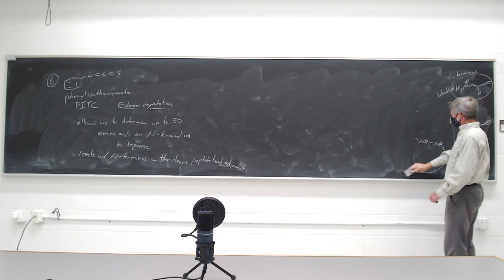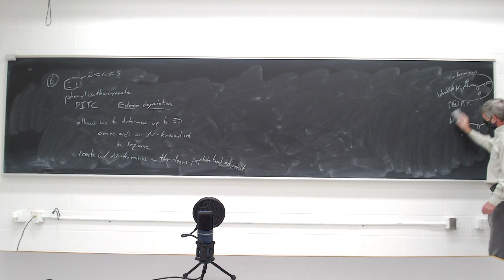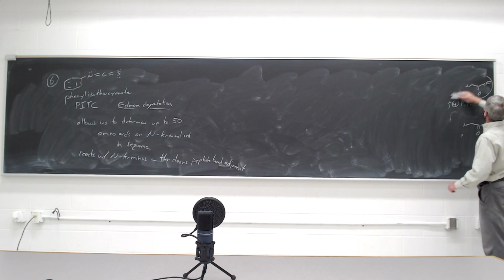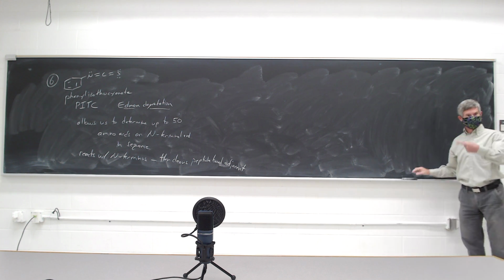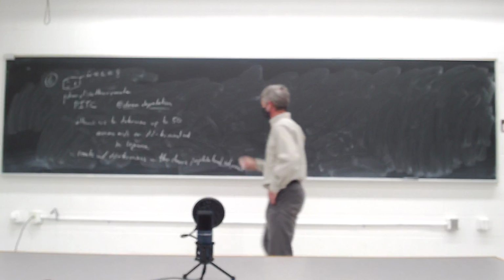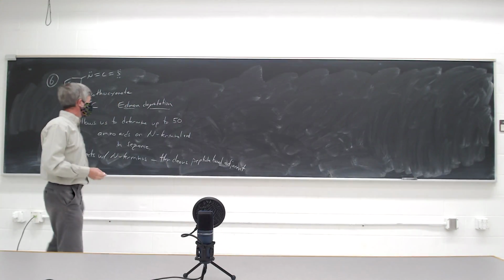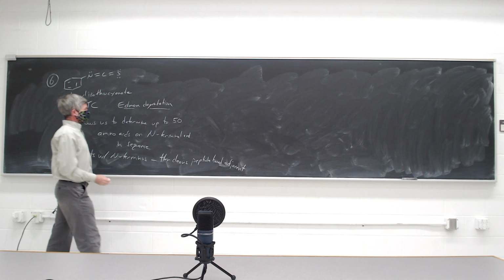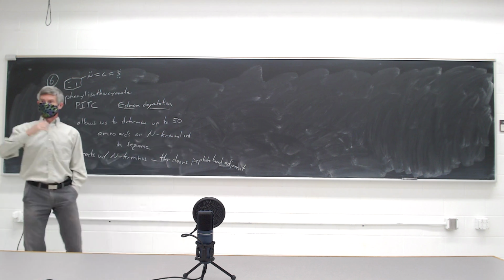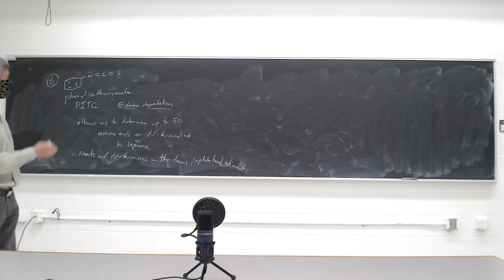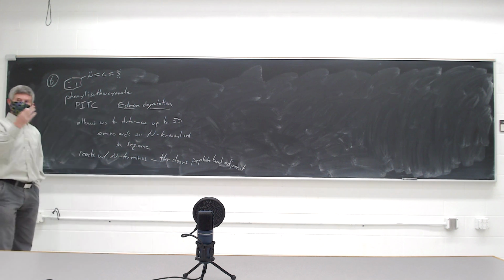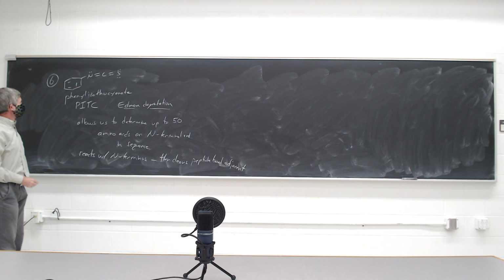So if you can monitor the reaction over time, the first amino acid that comes off will be the N-terminal amino acid, and then the next amino acid that comes off will be the next one in from the N-terminus, and then the third one to come off will be the third one in. And it's complicated only by the fact that it doesn't take all of the first one off before it starts taking the second one off. So you kind of have to keep track of multiple compounds at the same time.